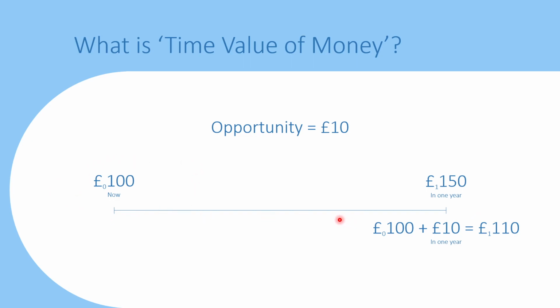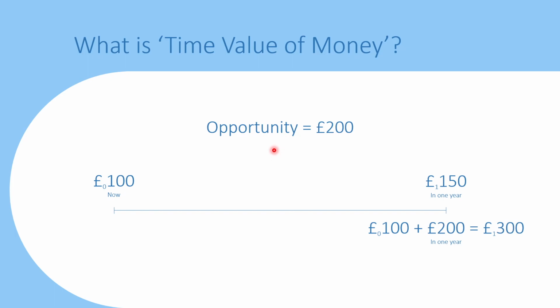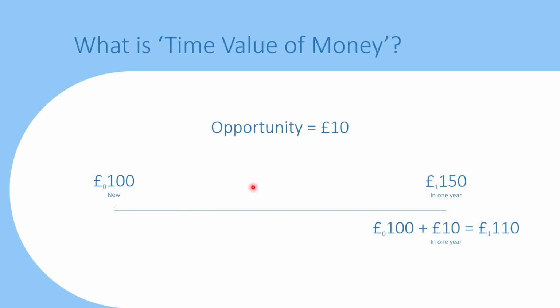And what this shows you is that there's no one answer for any situation. It depends on the opportunity that you have, and this opportunity can vary from person to person. You might have the opportunity to make £200 with your £100, for instance, whereas I might only have the opportunity to make £10 with my £100.